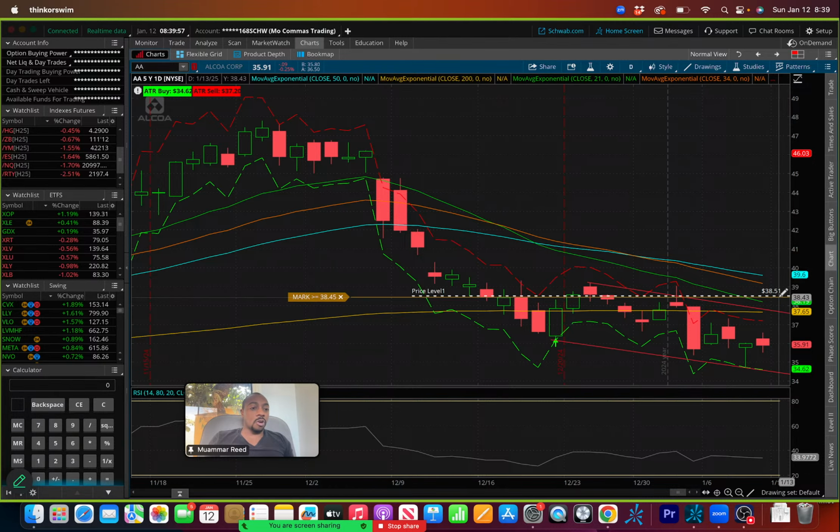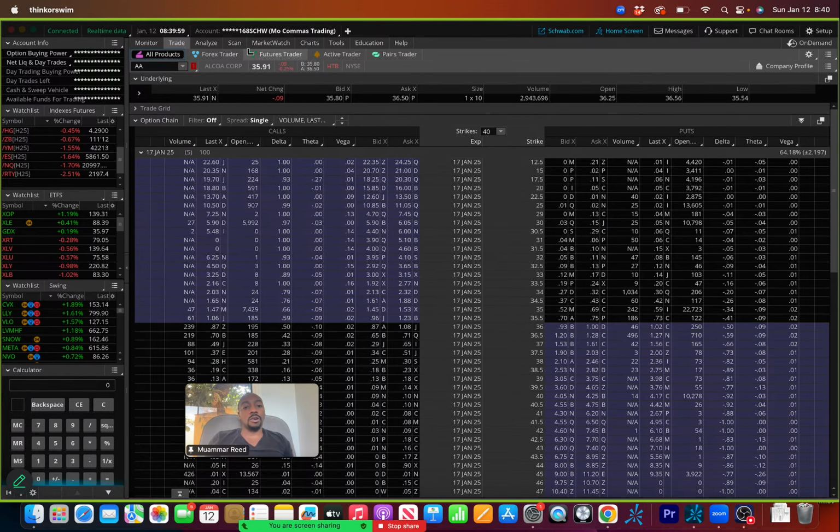So yeah, I would trade Alcoa, but I could only buy puts at this 40 strike. The difference between the bid and the ask is only 20 cents, which is less than 10% of $4, right?